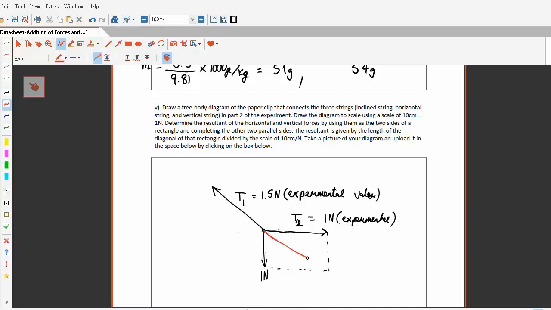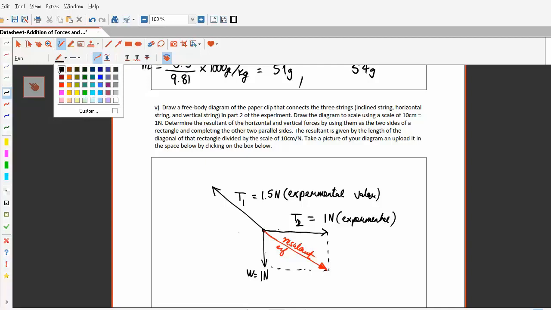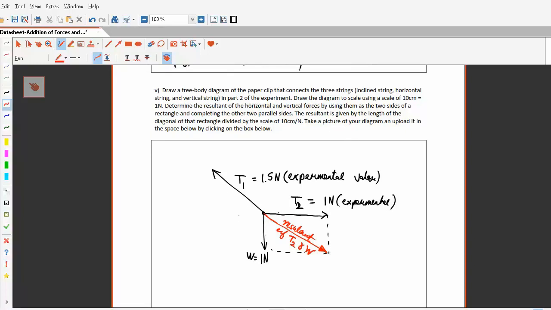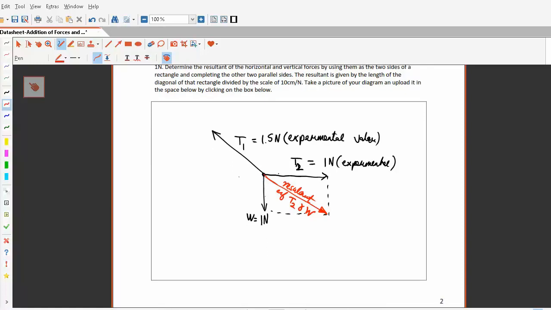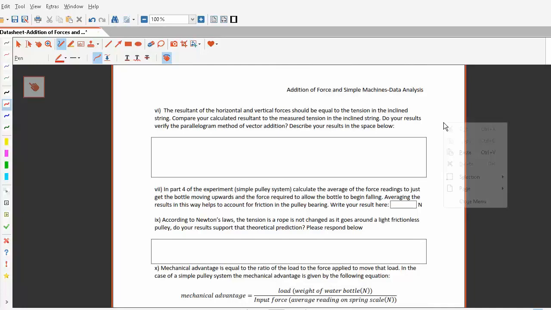So if I draw a parallelogram here, and then this diagonal is the resultant of, if we call this the weight, this would be the resultant of T2 and the weight W. So we need a scale diagram. So let me switch or insert here a piece of graph paper.